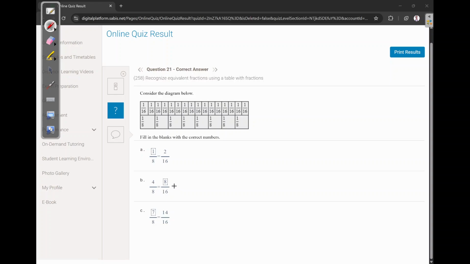Then 4 times 2 equals 8. 16 divided by 2 equals 8. And then 14 divided by 2 is 7.